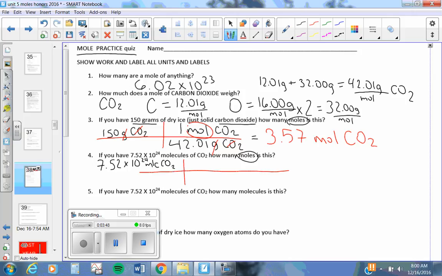I'm just going to set this up like a grid. For this, we know that for every 1 mole of CO2, there are going to be 6.02 times 10 to the 23rd molecules of CO2.